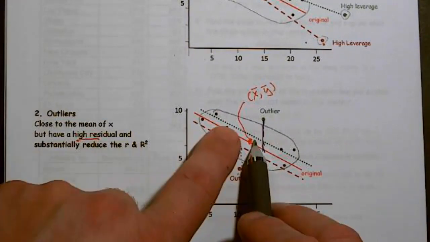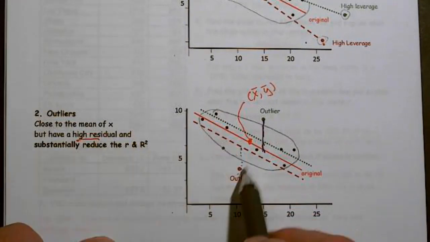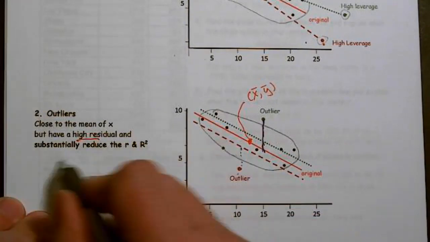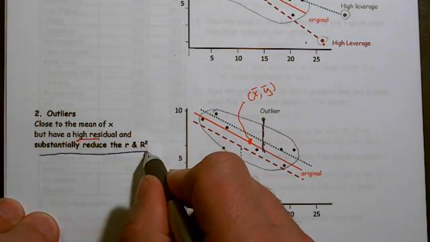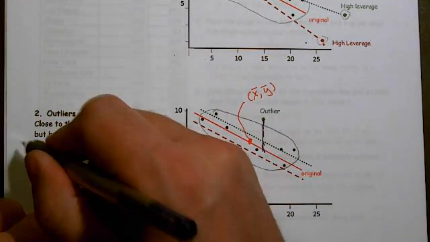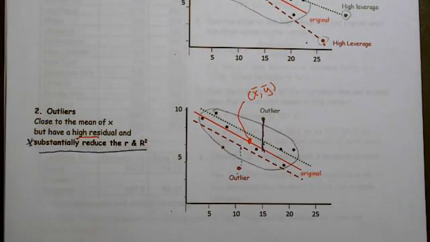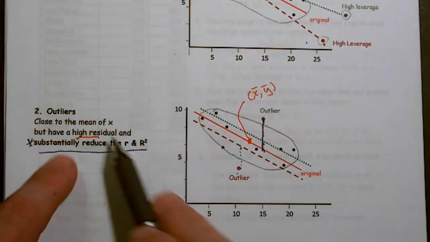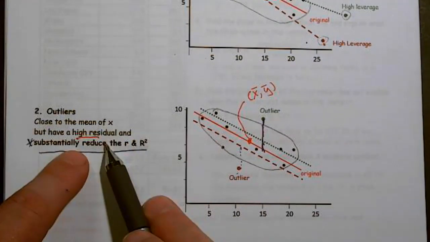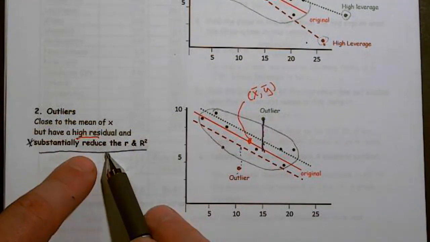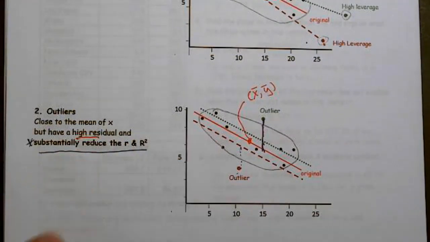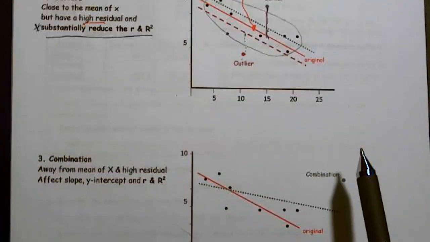As a matter of fact, they stayed almost exactly the same plot, but they substantially reduce R and R squared. So it's really important to know that, and you go, I haven't talked about R squared yet. I know. So outliers are close to the mean of X, but have a high residual and substantially reduce the R and the R squared. And then you can have a combination point, all right?